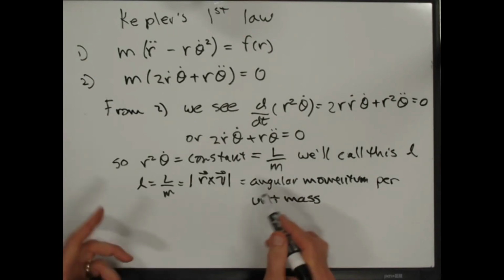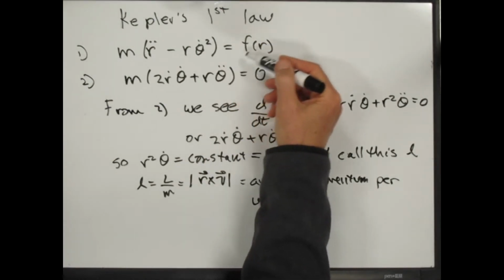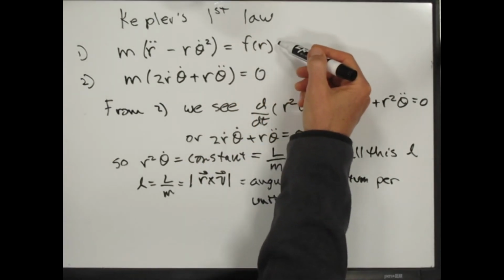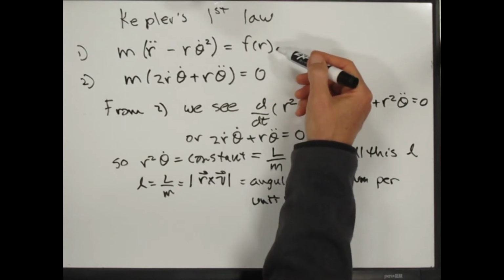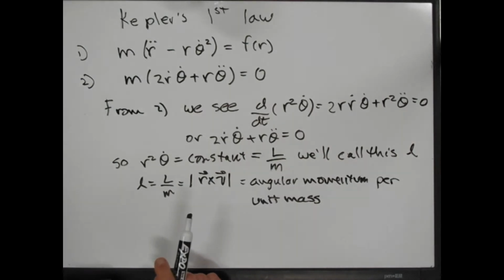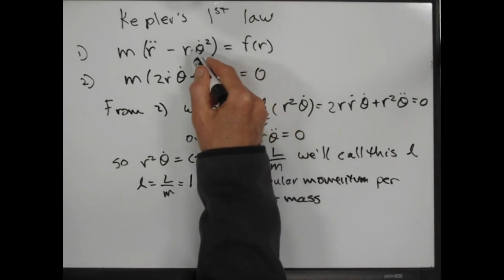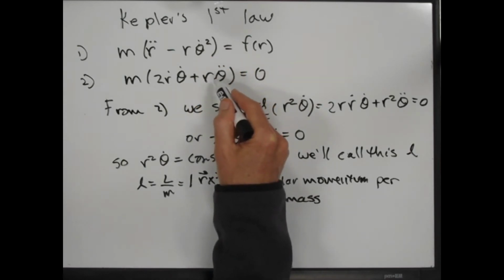And so ultimately what we want to do is solve these 2 differential equations, and then we can plug in a force, like a 1 over r squared force, or 1 over r cubed force, or something like that, and see what orbits we get. When we start this, we'll be just looking for the shape of the solutions in r and theta, and not worry about the time variation.